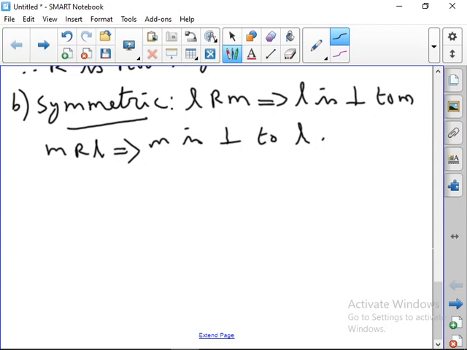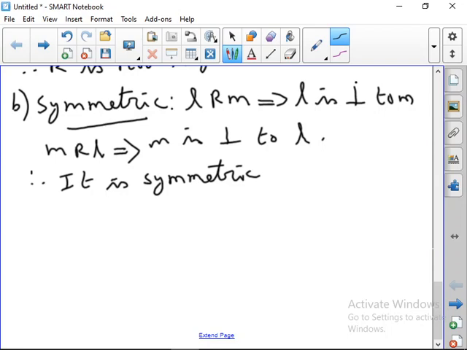Take the line, if we take the vertical line L and horizontal line M, with that itself we can prove it. So we can say M is perpendicular to L. Therefore it is symmetric.